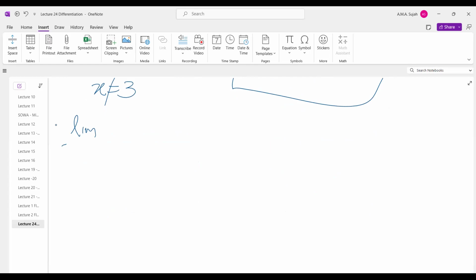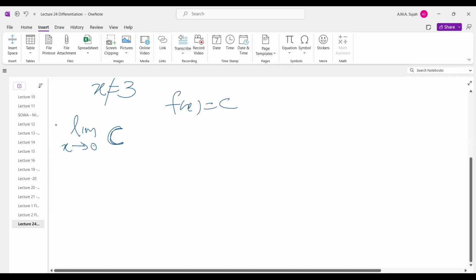If you have a function where c is a constant, so f of x is c, we call this a constant function. When x takes the value a, we can put the limit value as the constant c, whatever the value.